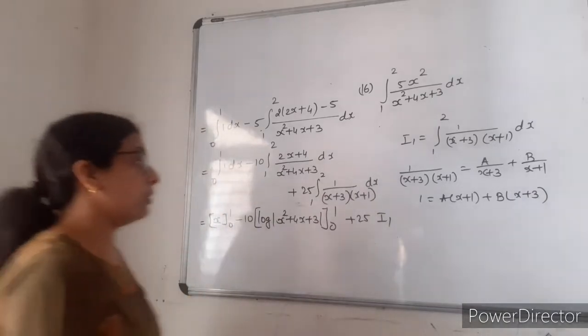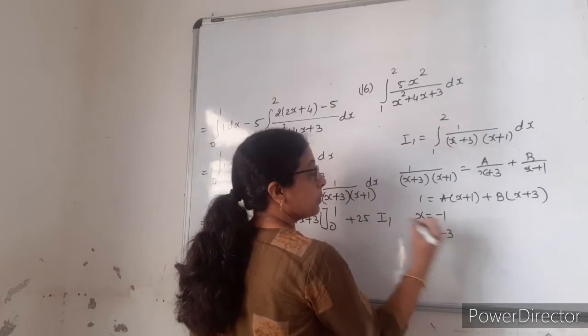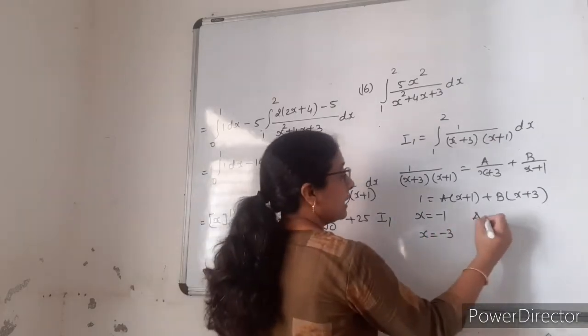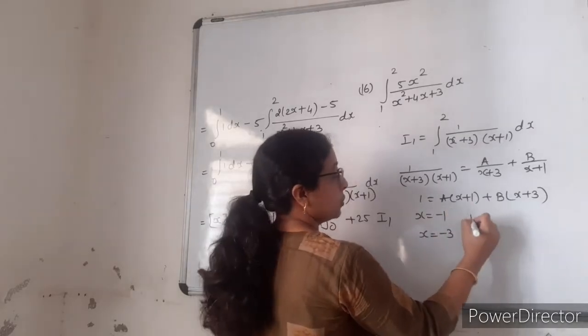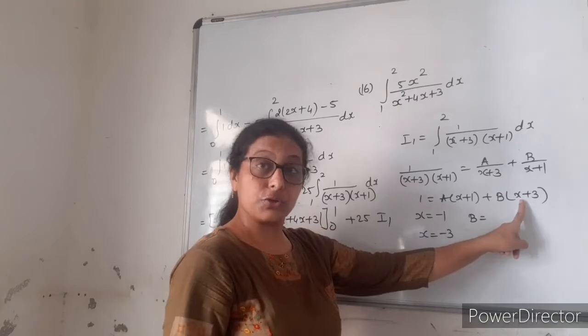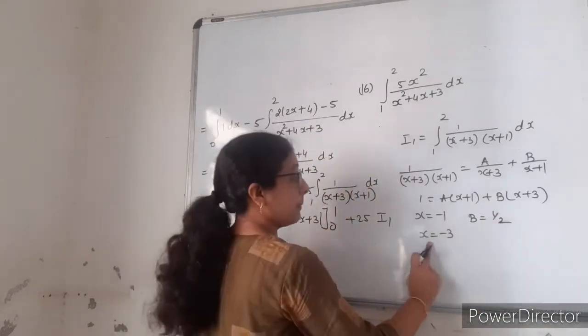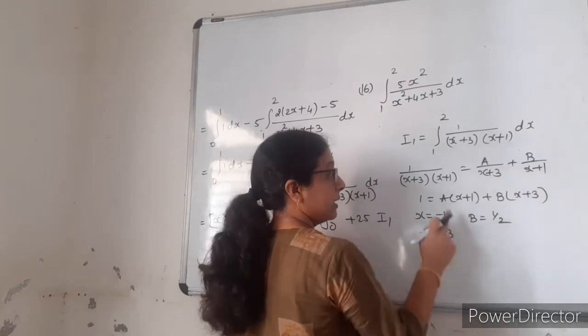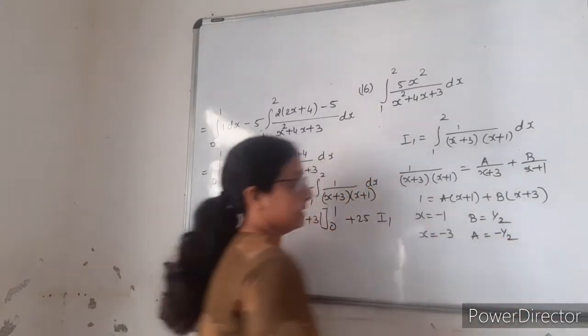Now find the value of a and b by taking x equal to -1 and x equal to -3. So x equal to -1, this a is 0, so b is equal to 1 by 2. Now here x equal to -3, this will be 0, -3 plus 1 is -2, so a is equal to -1 by 2.